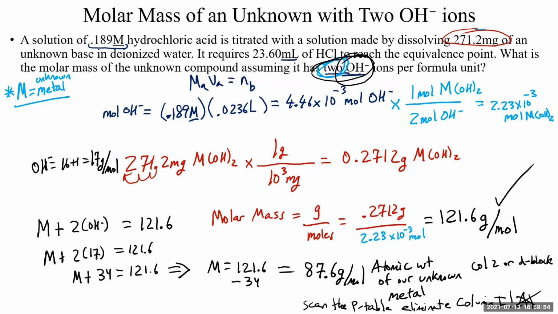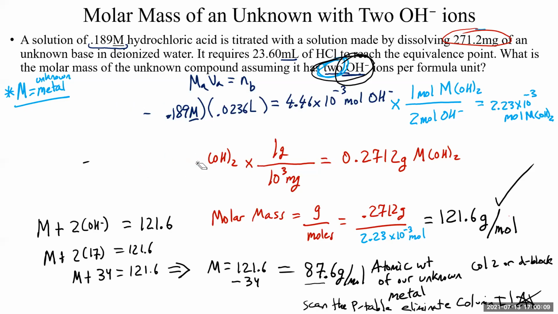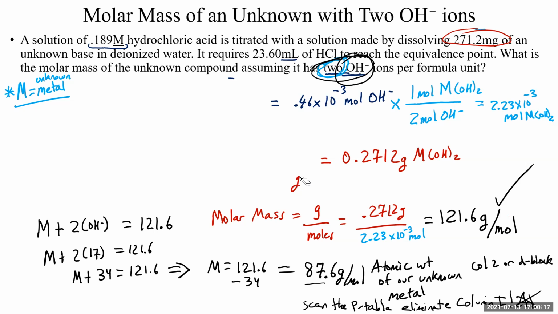Let's scan column 2 first. So if I go through column 2, I see 87.6. Again, I'm going to have to do some erasing here. While I'm doing this, I'm hoping you're scanning through the periodic table, column 2 especially. But again, it could be a D block element, but it's 87. That's pretty heavy.